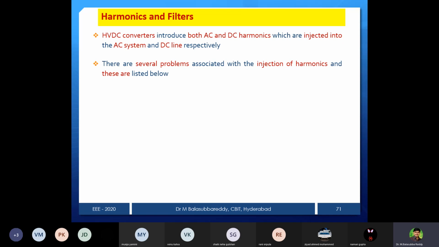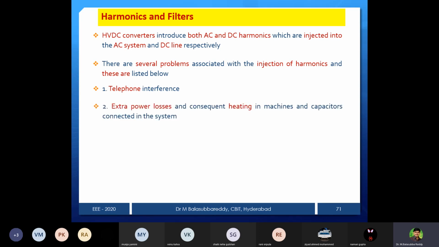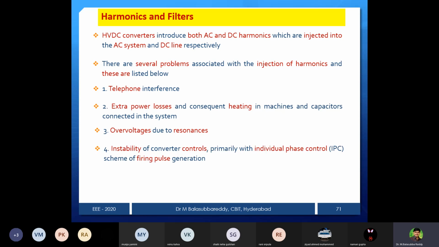There are several problems associated with the injection of harmonics. Once harmonics are injected, whether on the load side or in normal operation, there will be problems. These include telephone interference, which was already explained in the previous class, first two slides. Then we'll start the small derivation. Also extra power loss that leads to heating, and overvoltage due to resonance.